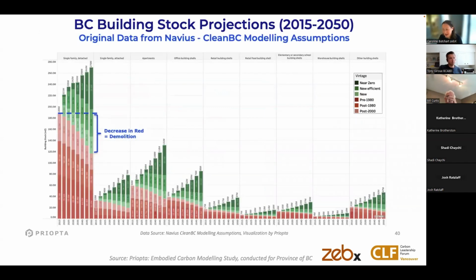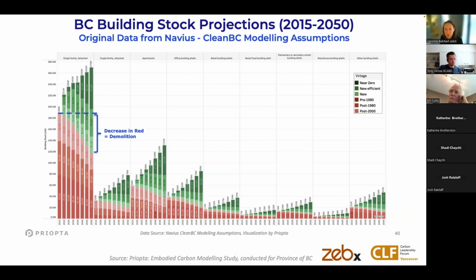And this very small graph here is a graph by Priopta showing the building stock in BC. Each chunk of this chart shows a different type of building. Over on the far left, those very tall columns represent single family homes across the province.